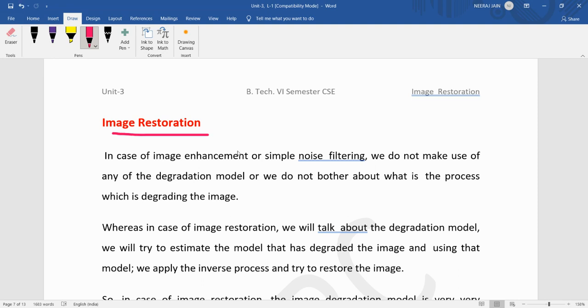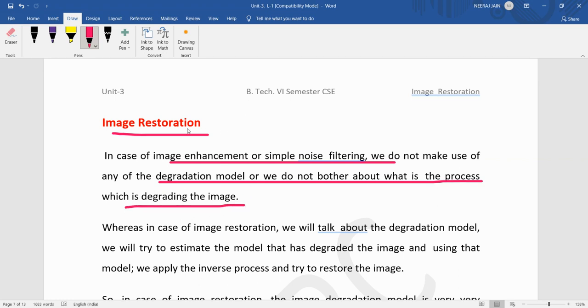We know that image enhancement is simply noise filtering. We do not make use of any degradation model, or we do not bother about what is the process which is degrading the image.